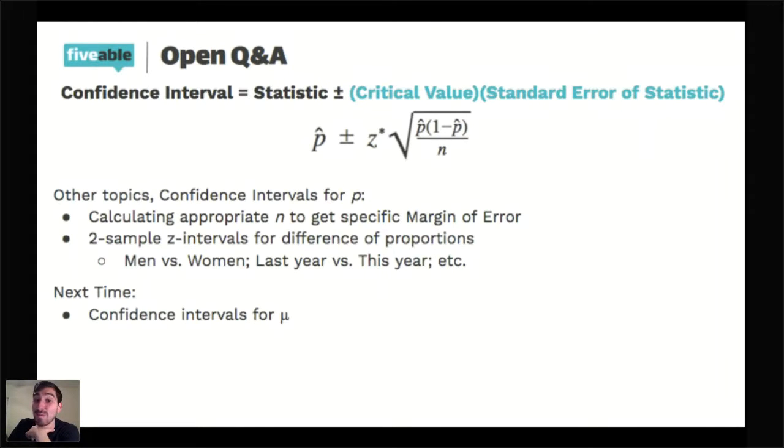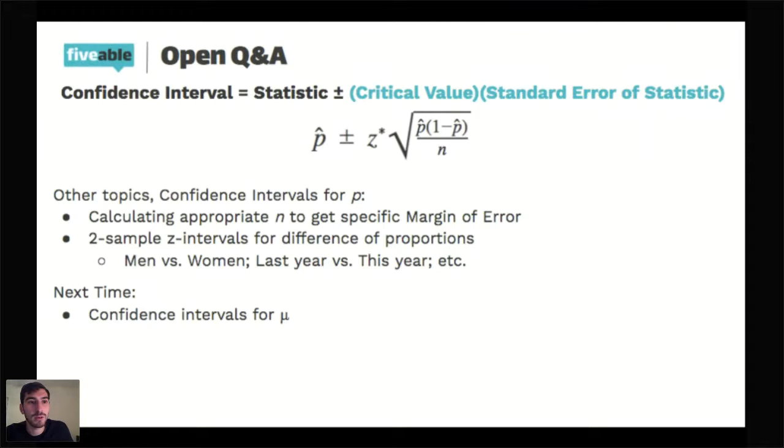It is a multiplication, but the asterisk is a special thing to indicate that what you're getting, that critical value, is a special z-score. And I will go back to that slide in a minute to show you what they're talking about. But the asterisk does represent a special symbol for a critical value. It also happens to be multiplied to that standard error.